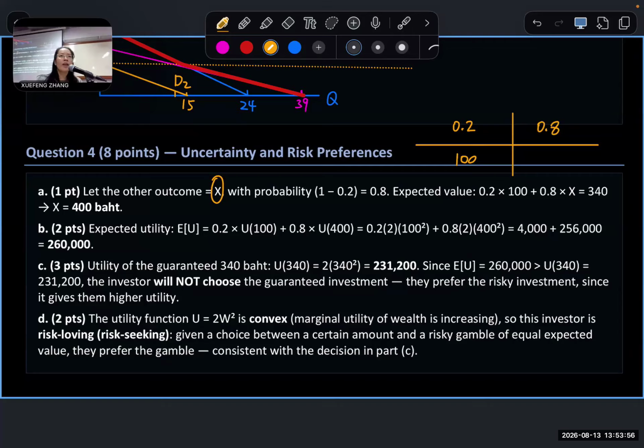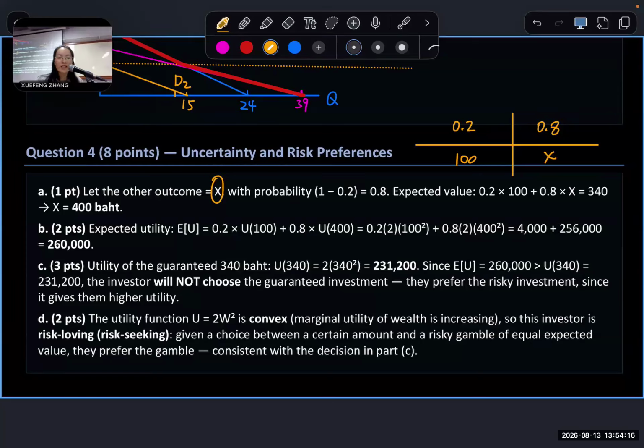Why 0.8? You use 1 minus 0.2, right? We'll get how many? You don't know. X, right? This is the one that you need to calculate.